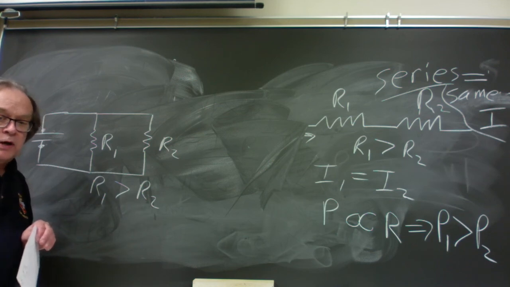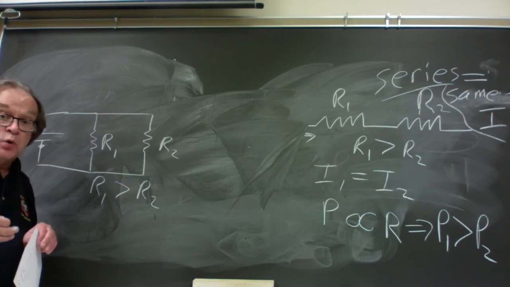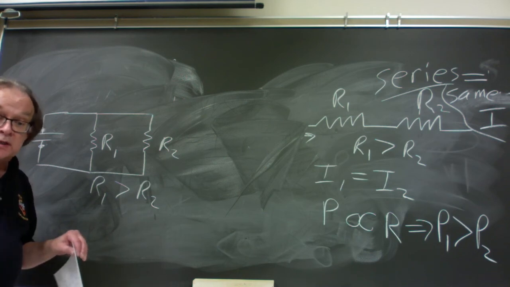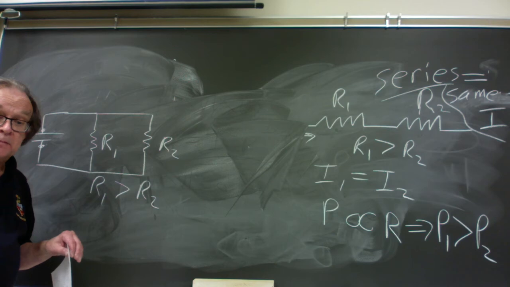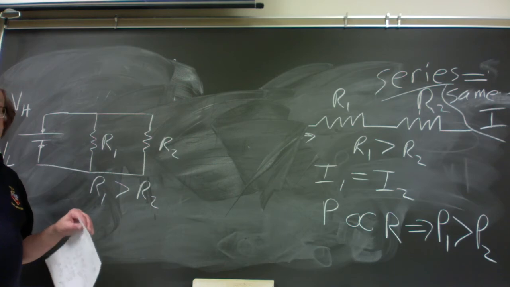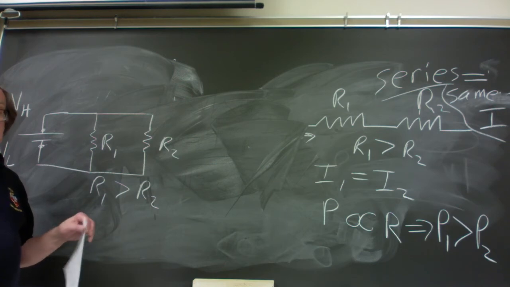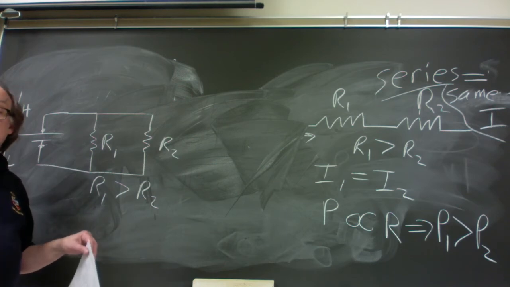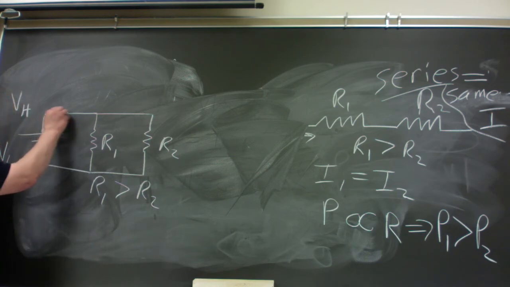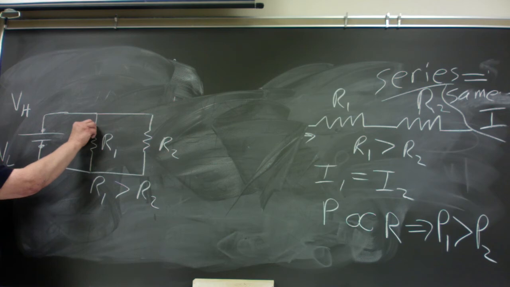Whenever we have just plain wire and we can say that wire has essentially no resistance, then every point in that wire is at the same potential. Or to put it another way, any points connected by the same wire with nothing else in between are at the same potential. So this point is connected to this point by nothing but wire, so they're at the same potential.